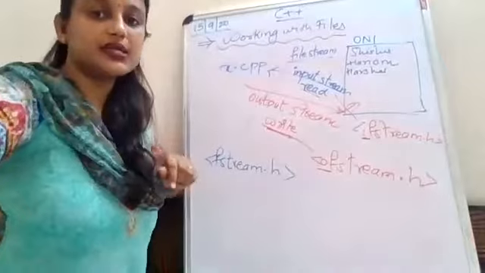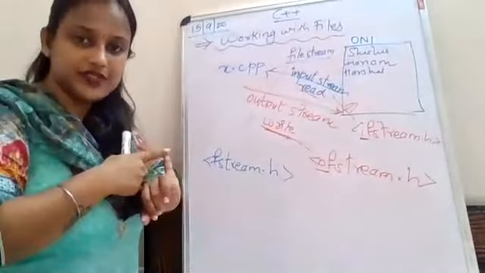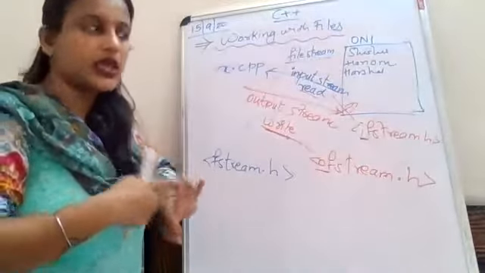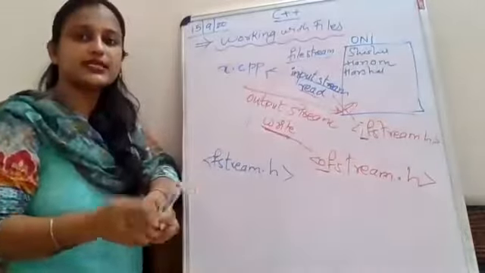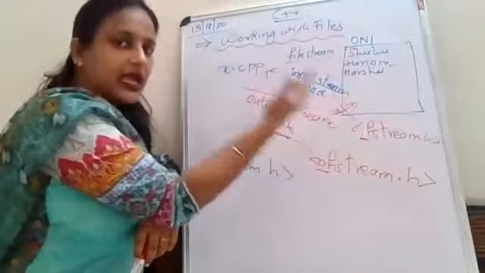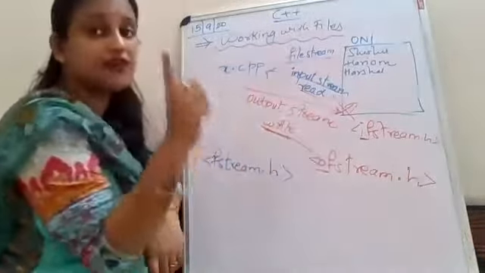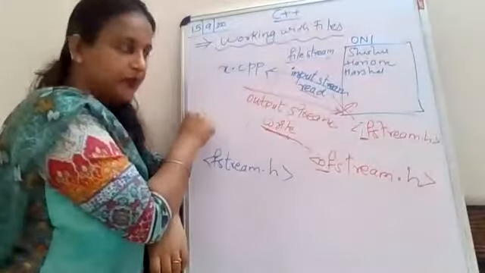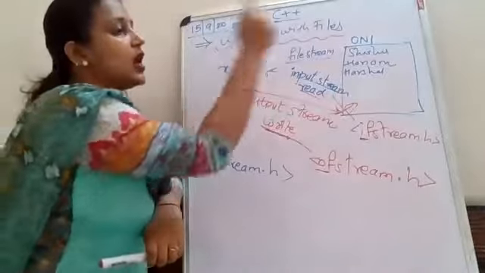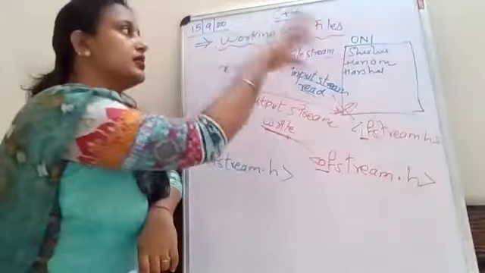In the March 2020 exam, this question was asked: explain fstream, ifstream and ofstream. So fstream, you can say, acts as an interface between the program and the file. ifstream is used to input data from the file to the program, and ofstream is used to write data to the output stream.